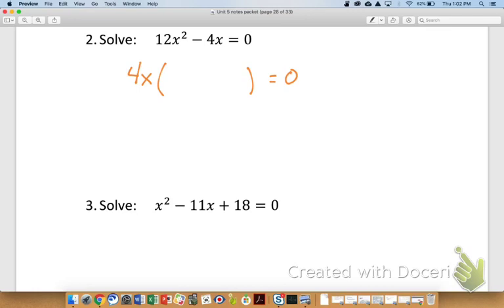There's a 3 left over because 3 times 4 is 12, and there is an x left over because there used to be 2 of them, but I took one of them out. Now, sometimes people get a little confused by the second term because there used to be a 4x, but I took out a 4x. So if you take the whole term out, there's a 1 left over. So it would be minus 1.